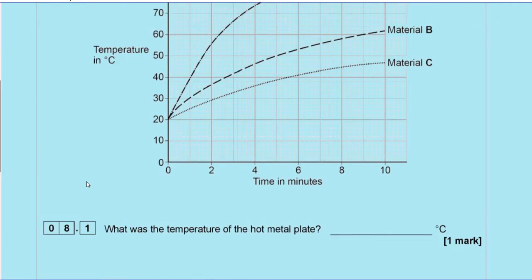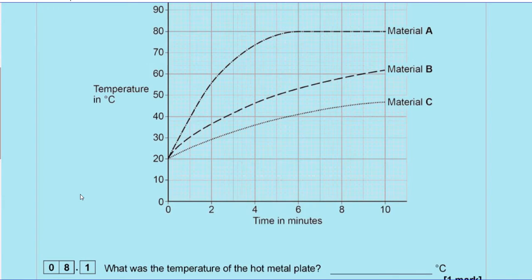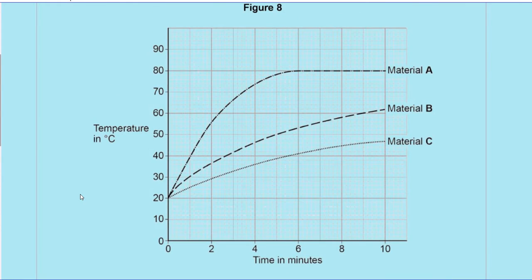Okay, so 8.1 is asking us what was the temperature of the hot metal plate. Okay, so we're going to have to look at the graph to work this out. Remember the hot metal plate is being kept at a constant temperature. Now, what we can see here is that material A starts off at 20, but then rises up and reaches a constant temperature of 80.